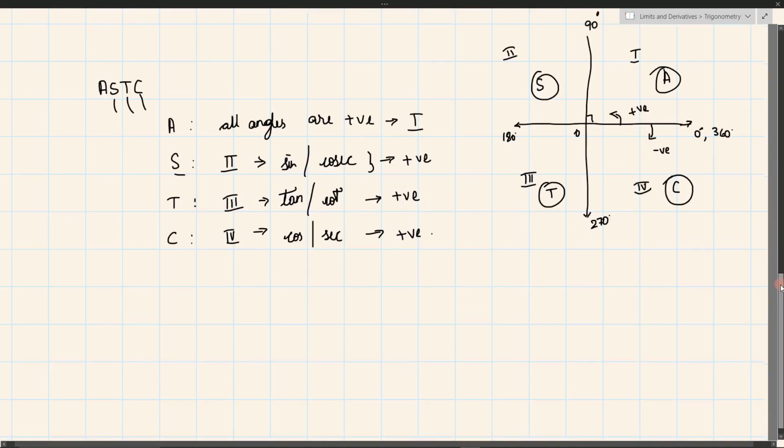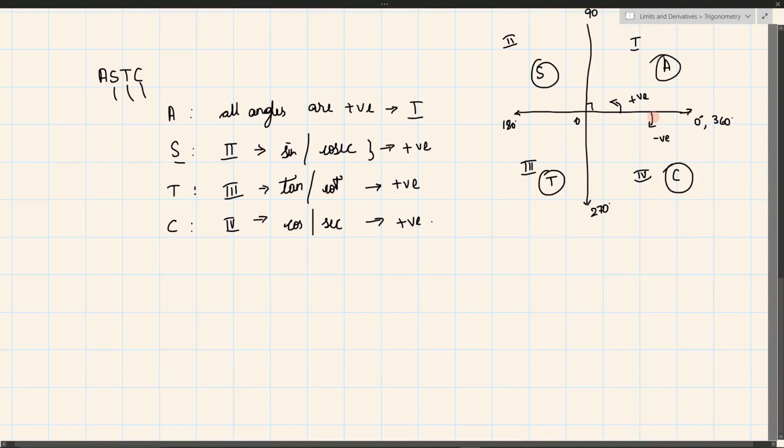We know that if we are measuring an angle x in the clockwise direction, that is nothing but minus x. If I want to find a trigonometric function of this minus x, let's say sine of minus x, what does this signify? This minus signifies that the angle is in the fourth quadrant, right?